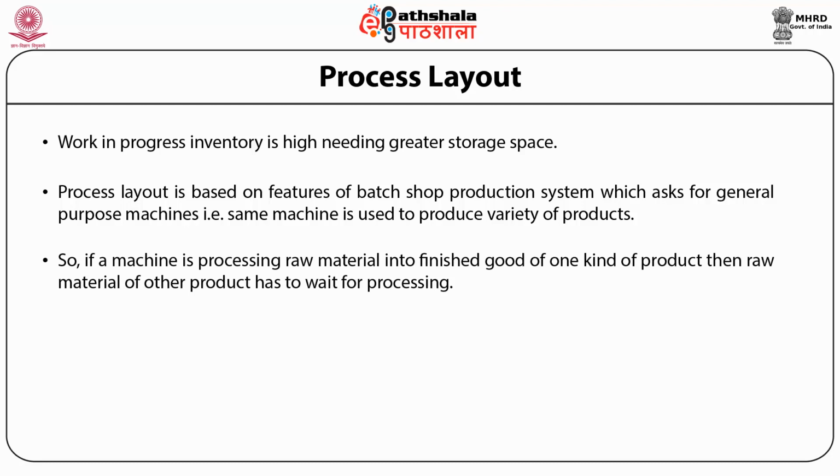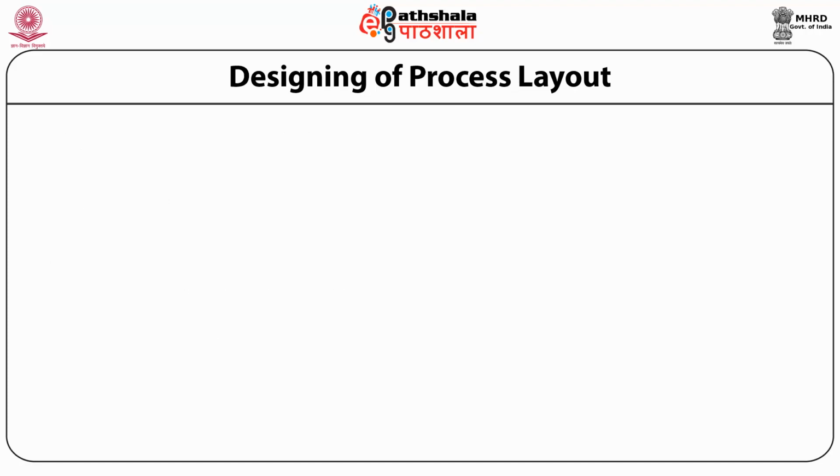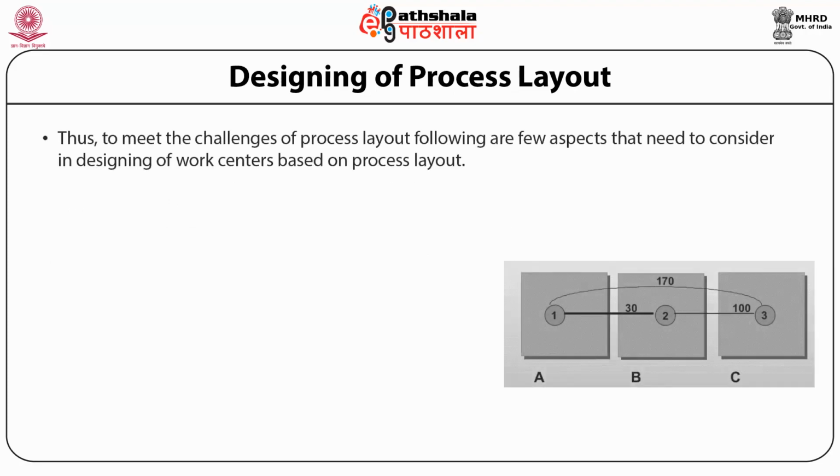Process layout is based on features of batch shop production systems which ask for general purpose machines, that is, the same machine is used to produce a variety of products. So if a machine is processing raw material into a finished good of one kind of product, then raw material of another product has to wait for processing. This causes an increase in work in process inventory occupying essential storage space.